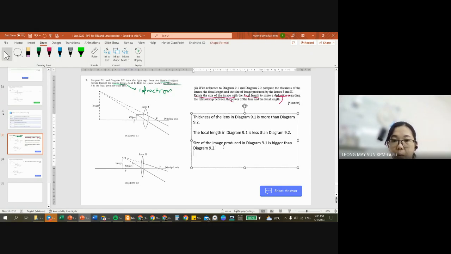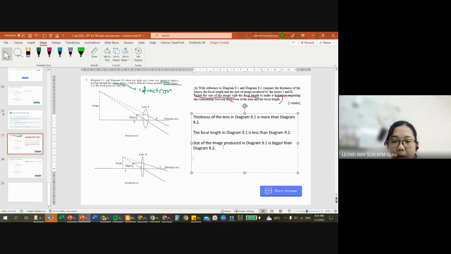One, whether the question asks you to relate or deduce a relationship, we always use the words as A increases or as A is more, then B decreases or B becomes lesser. Don't use the word directly proportionate or inversely proportionate in a comparison question.